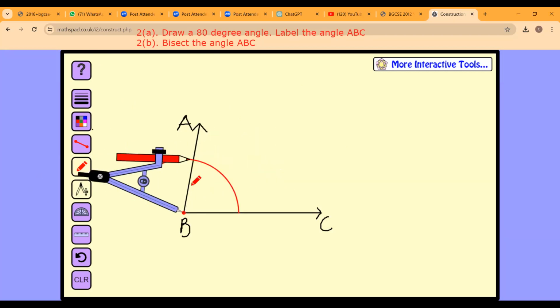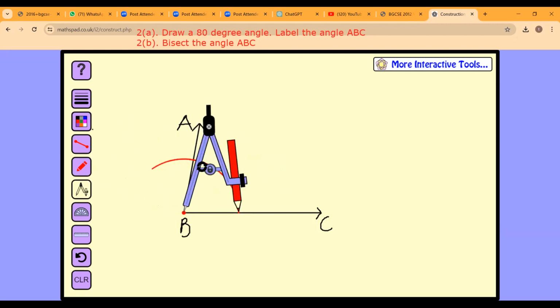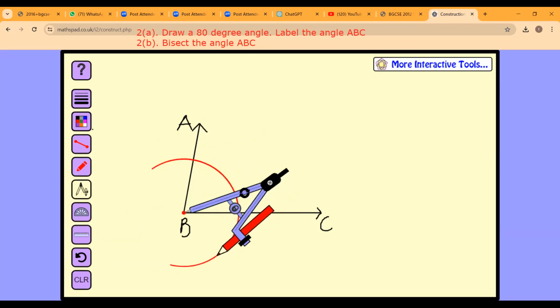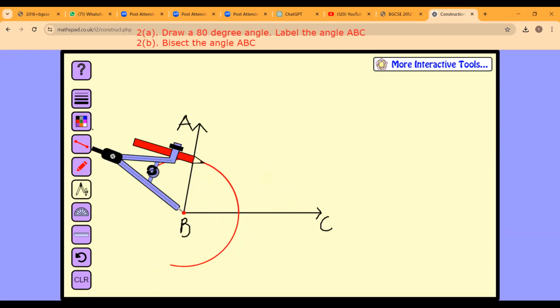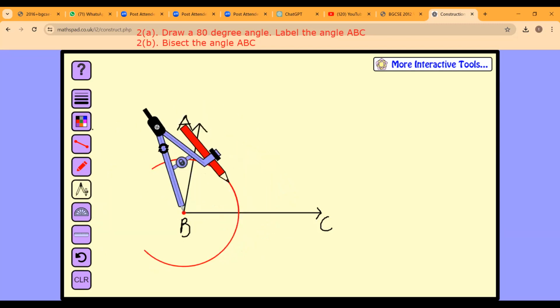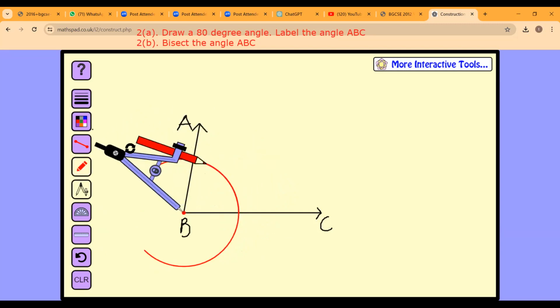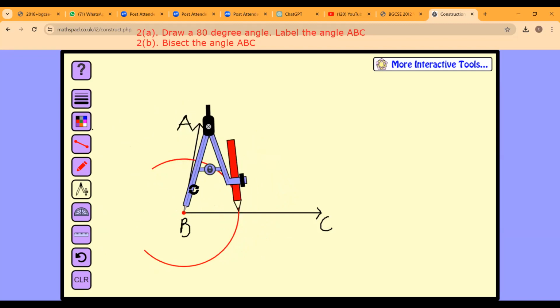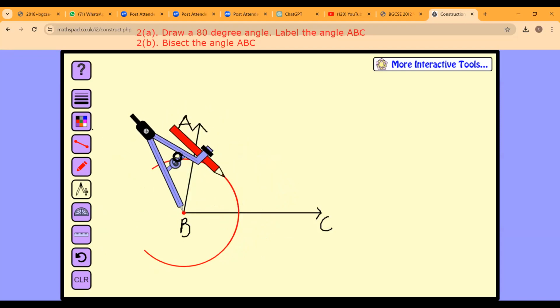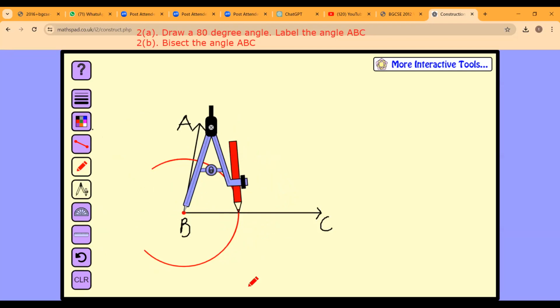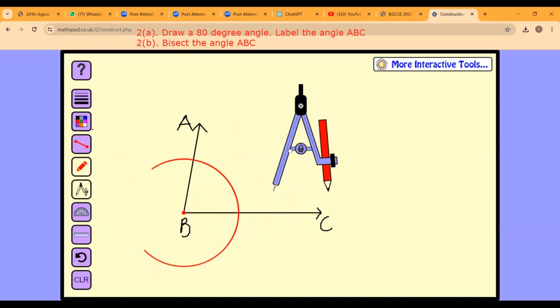All right, so we're gonna draw an arc up and also down. Okay. So we draw an arc like so.